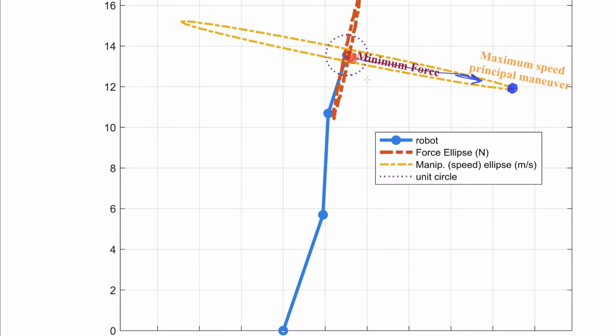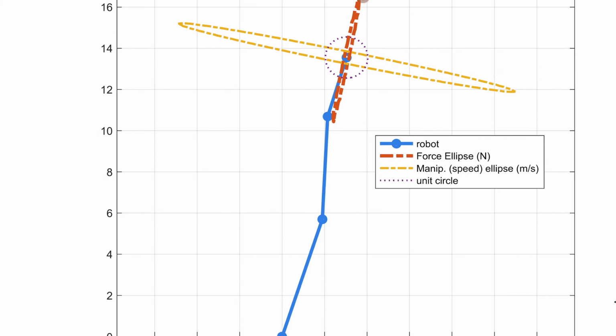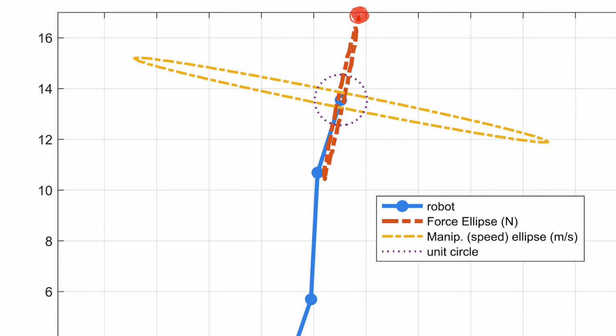So this is a maximum speed, minimum force principal maneuver. And on the other hand, we have in this direction the maximum force, minimum speed principal maneuver.